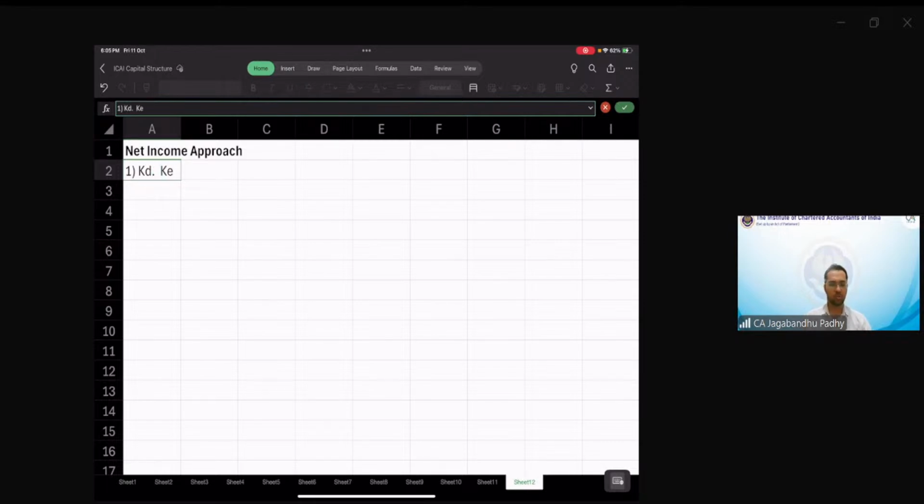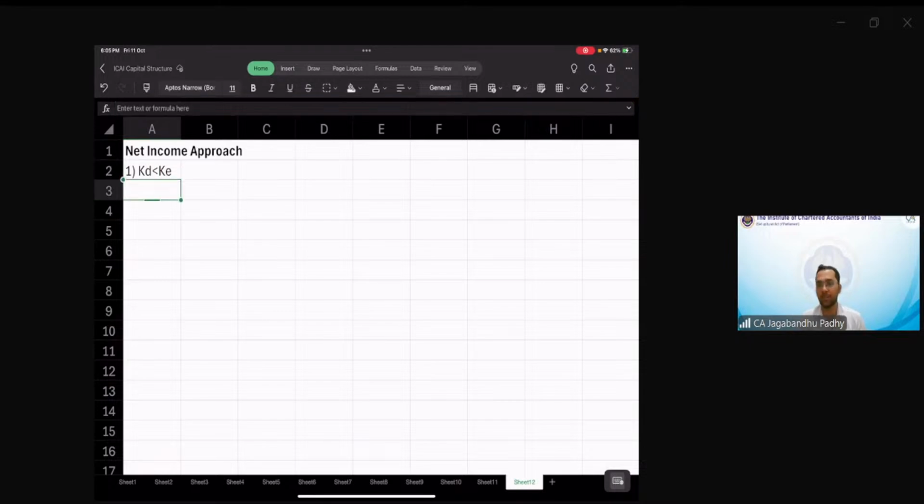Which one of these two do you think is less? Is the cost of debt less than the cost of equity, or is the cost of equity lesser than the cost of debt? What's the relation between cost of debt and cost of equity? Can I say cost of debt is less than cost of equity, right?